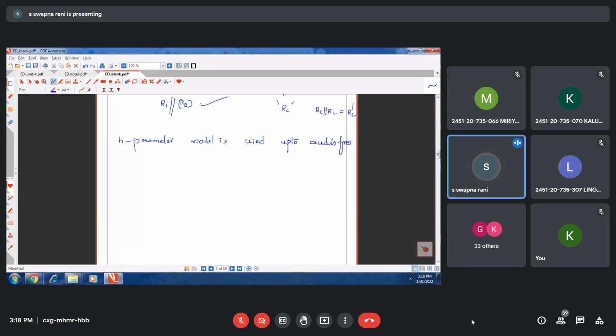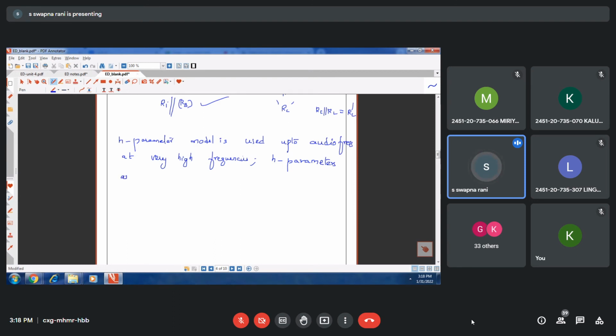Whereas at very high frequencies beyond audio, you cannot use H parameters, because at very high frequencies, H parameters are not going to be constant, but they are going to be complex.